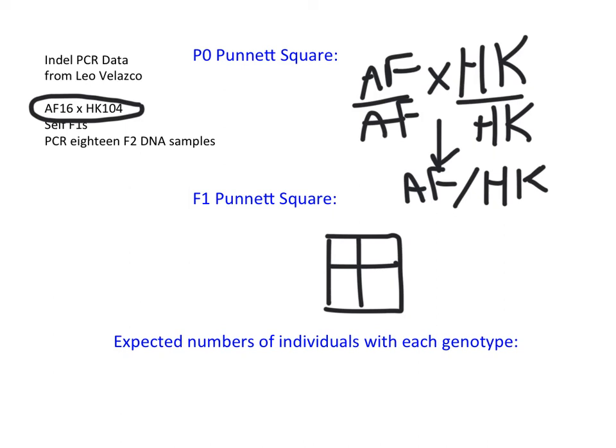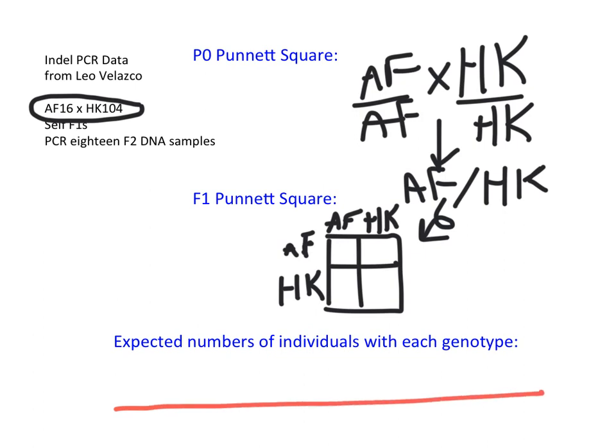So then if he selfs one of those F1 worms, mates it to itself, they're hermaphrodites, right? This is a monohybrid cross like we've done in the past. You can fill in the Punnett square and figure out what are the expected genotypes of the worms in the F2 generation. So that's one thing to do.